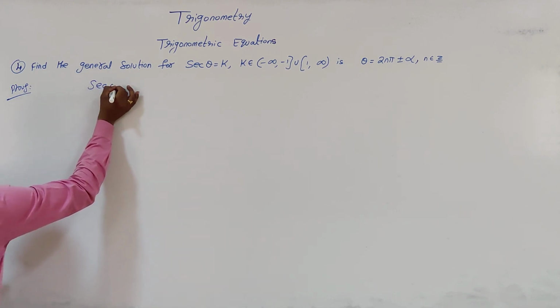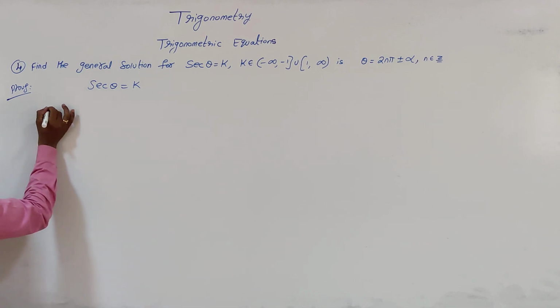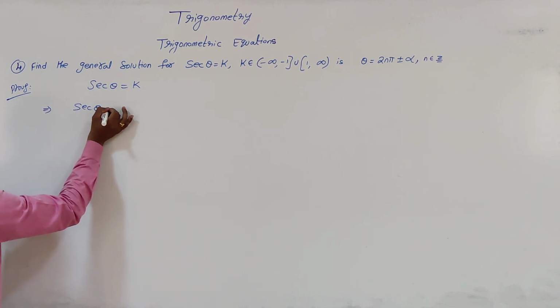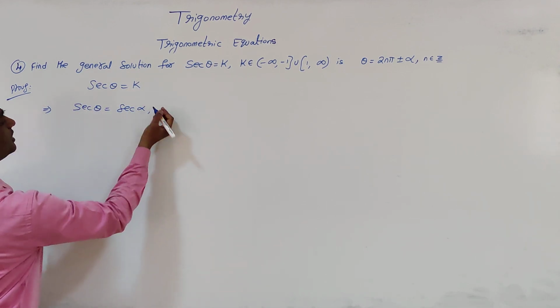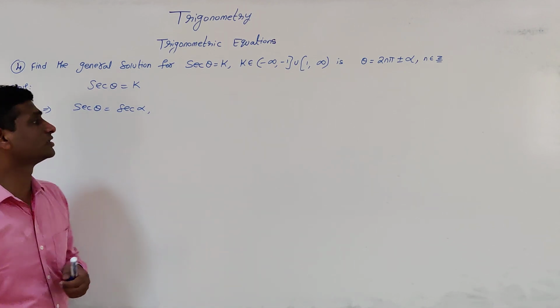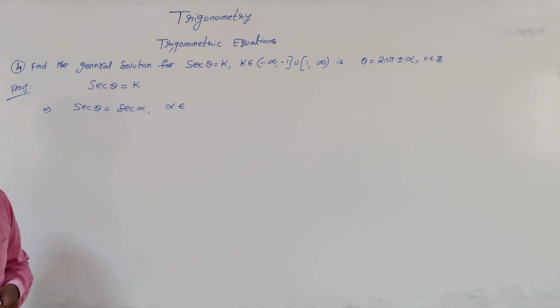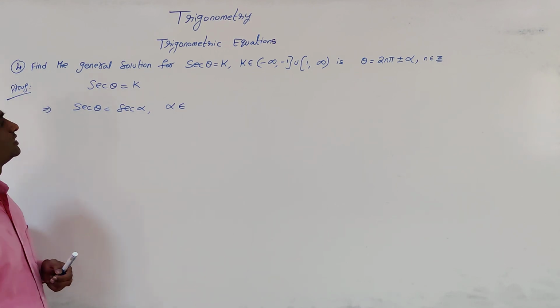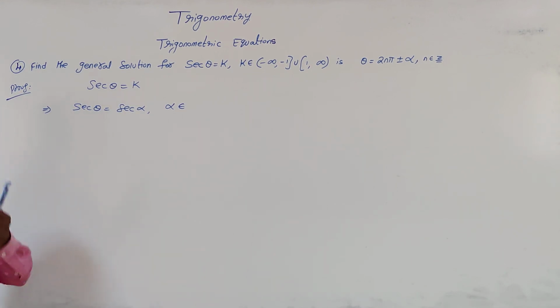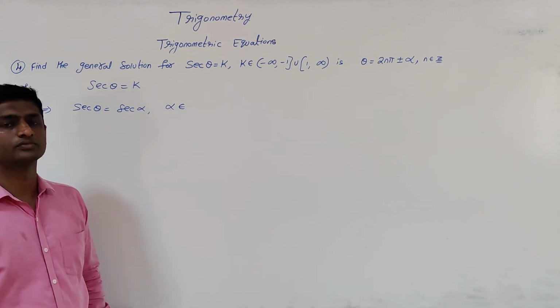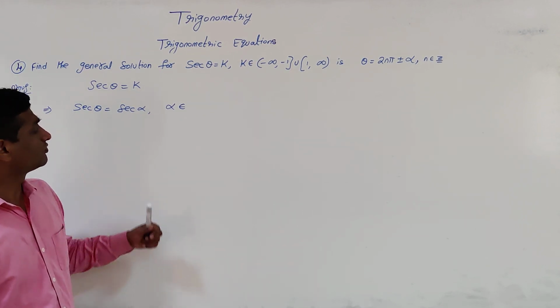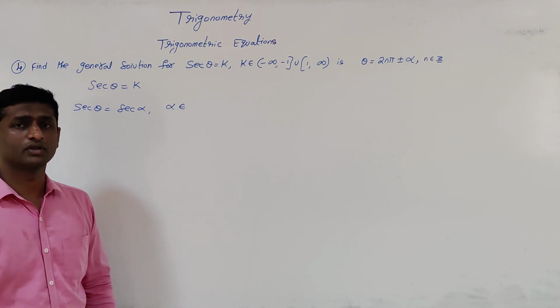Secant theta is equal to k. So secant theta is equal to secant alpha, where alpha is the principal solution. Means alpha belongs to, from where to where? We'll see the principal. So where should this alpha lie?